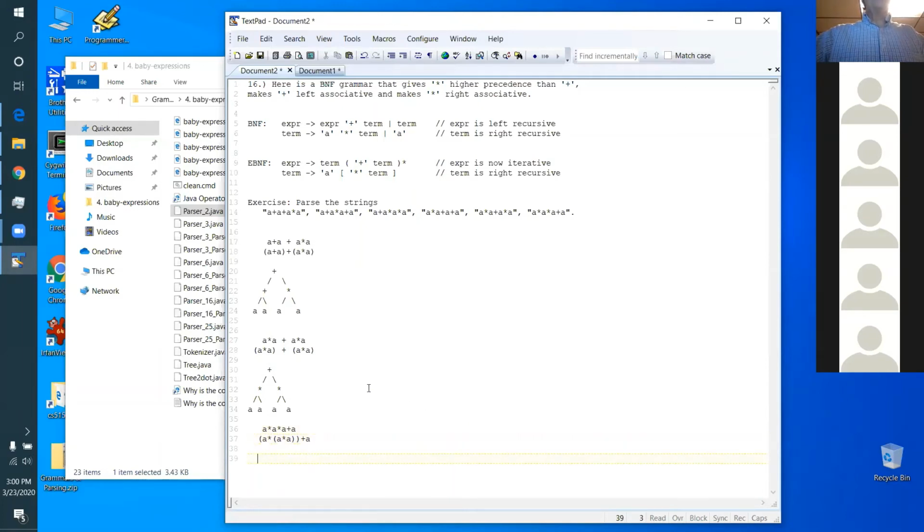Okay, so using the rules, I can parenthesize it. That tells me how to build the parse tree. The parse tree is going to be a plus with an A on the right. Okay, now what's on the left of the plus? Okay, now I have to be careful. What's this parse tree look like? Okay, this parse tree has a product here.